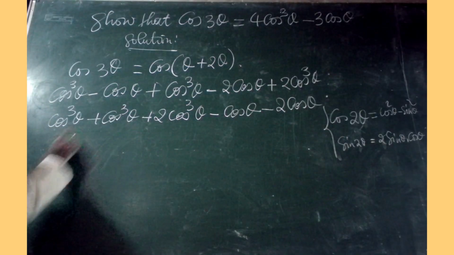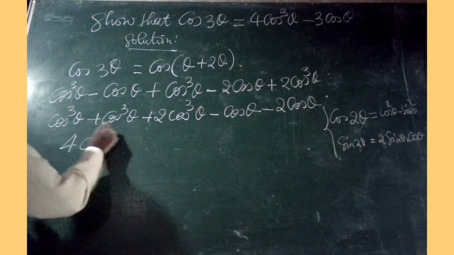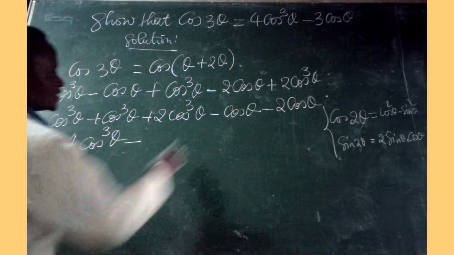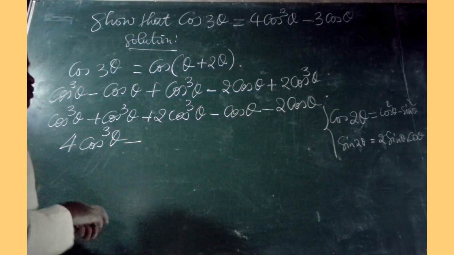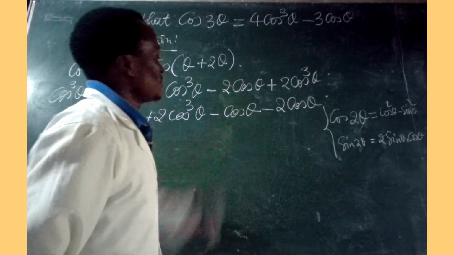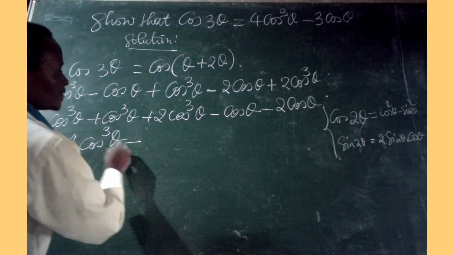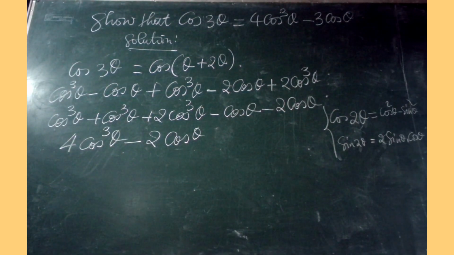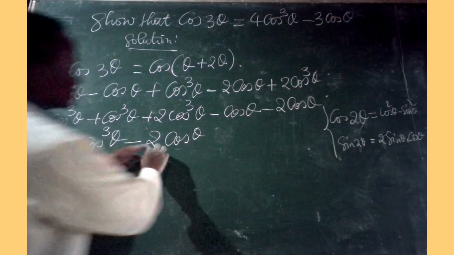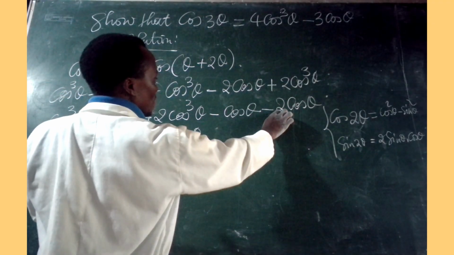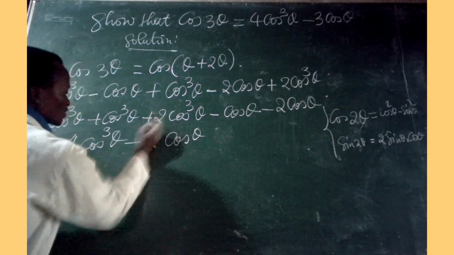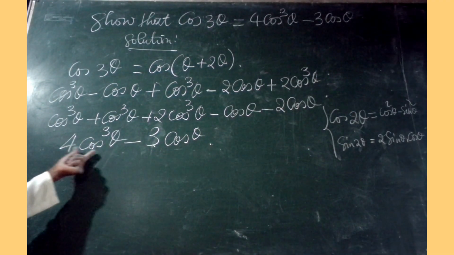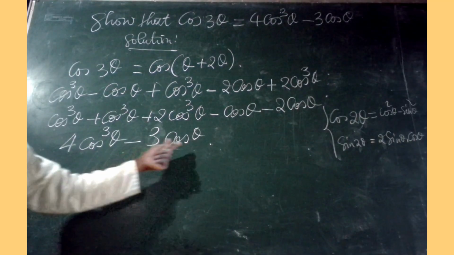It will be equal to 4 cosine power 3 theta minus. You have to add those numbers and write one sign. It is minus 1, then we have 2, and this plus this will be equal to 3. Now it means it is 4 cosine power 3 theta minus 3 cosine theta.